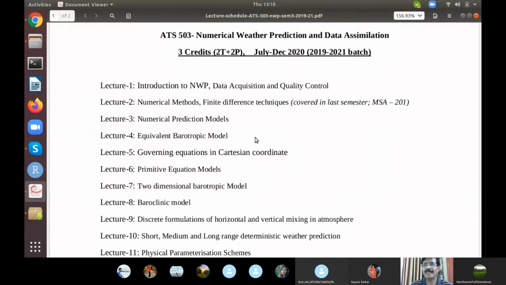And his first attempt was to make a prediction of the surface pressure. Now, I told you the story last semester. You might recall that he tried to compute the surface pressure. What would be the surface pressure after say 6 hours? That's what he tried to do using a very big staff, about 50 to 100 people in his laboratory, assigning each of them different tasks of computation and then trying to pass on the information to another one and like that.